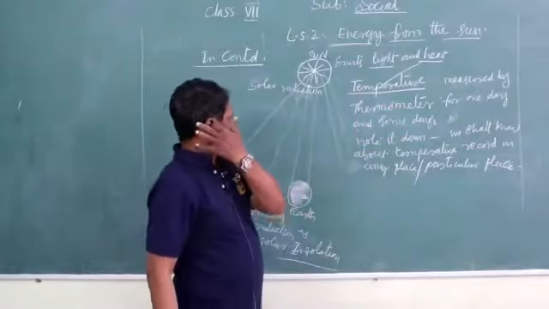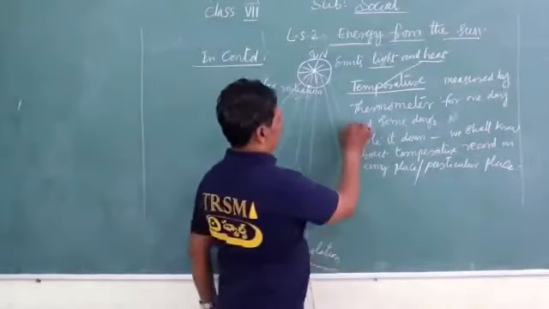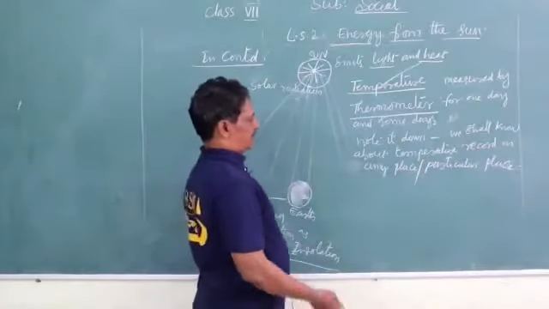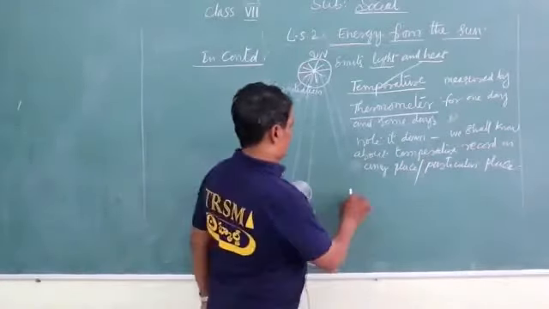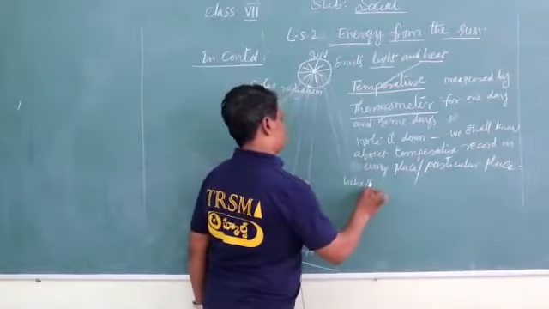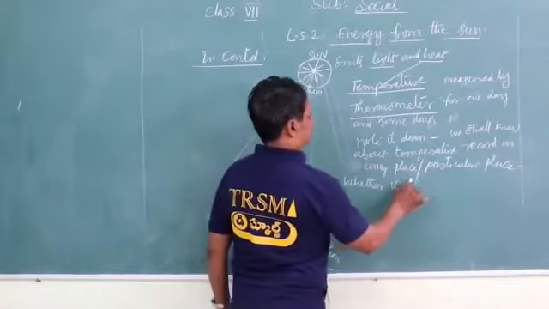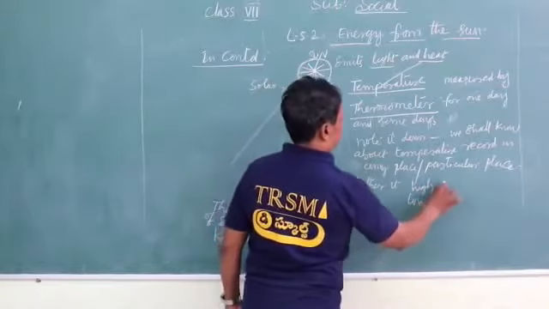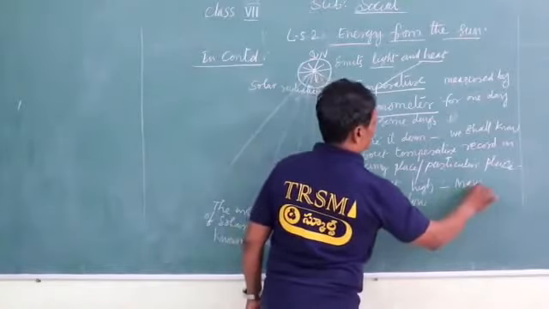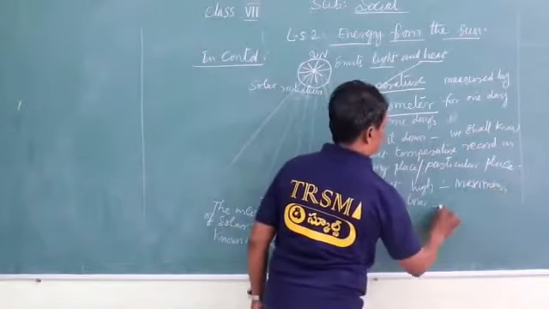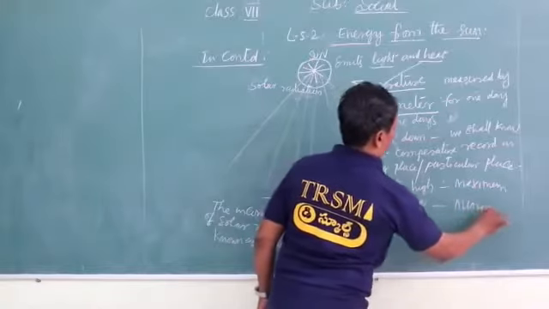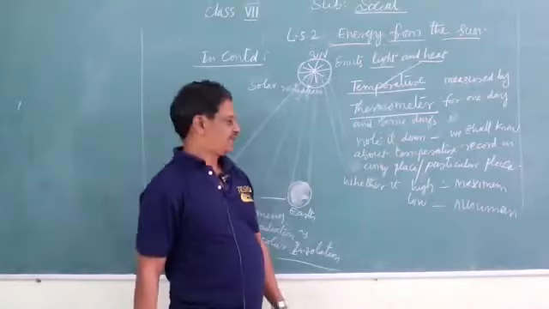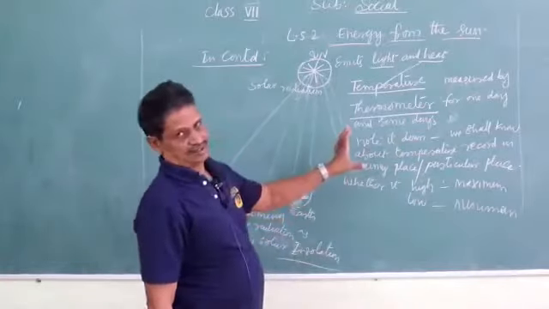Right? So we shall measure the temperature by the thermometer. Okay? So we shall know the variation, whether it is high temperature or low temperature, that is maximum temperature or minimum temperature, we shall know it. Okay? So this is a contrast.